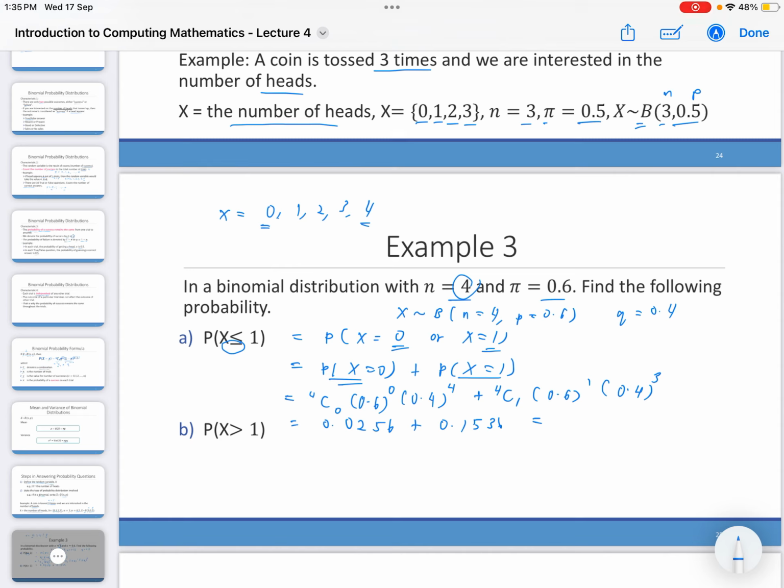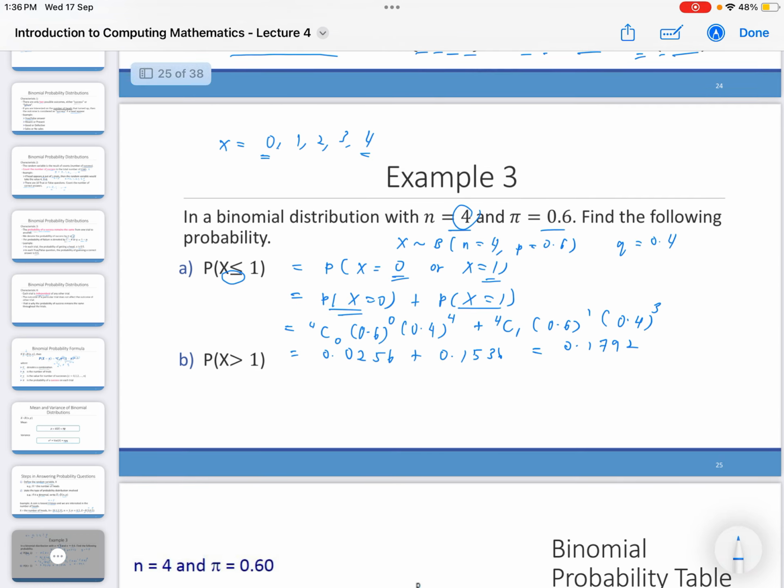So the answer here is 0.1792. Okay, so we are done with A. So let's look at B.